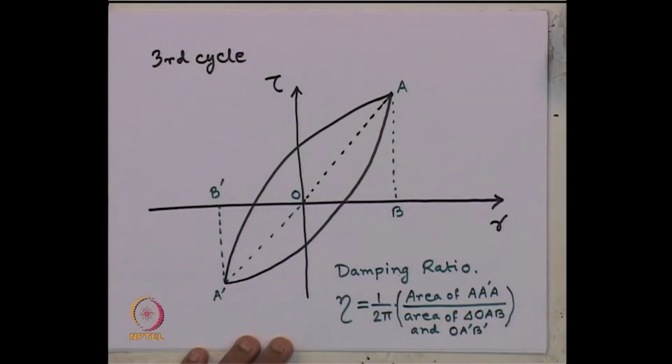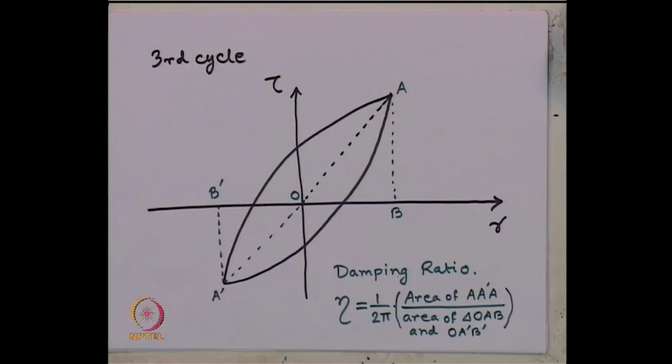So, this is the expression to compute the damping ratio for any soil from the cyclic load test.